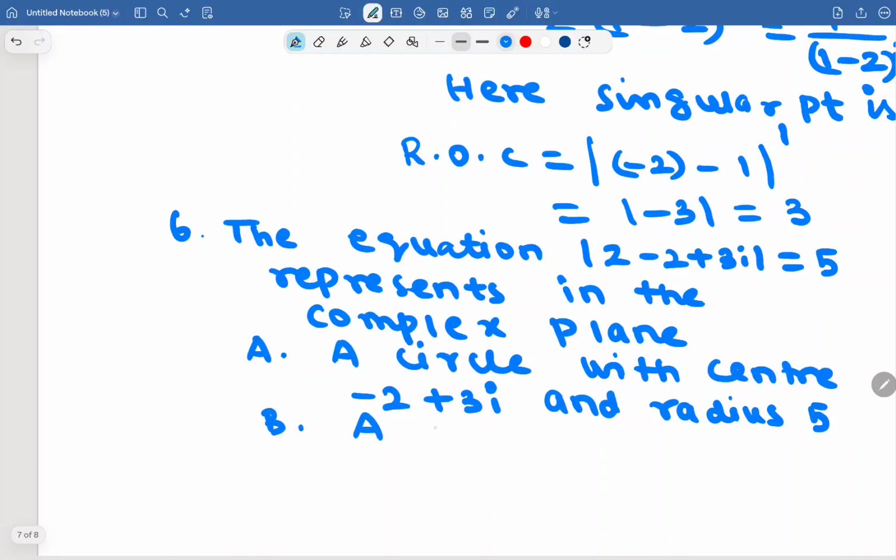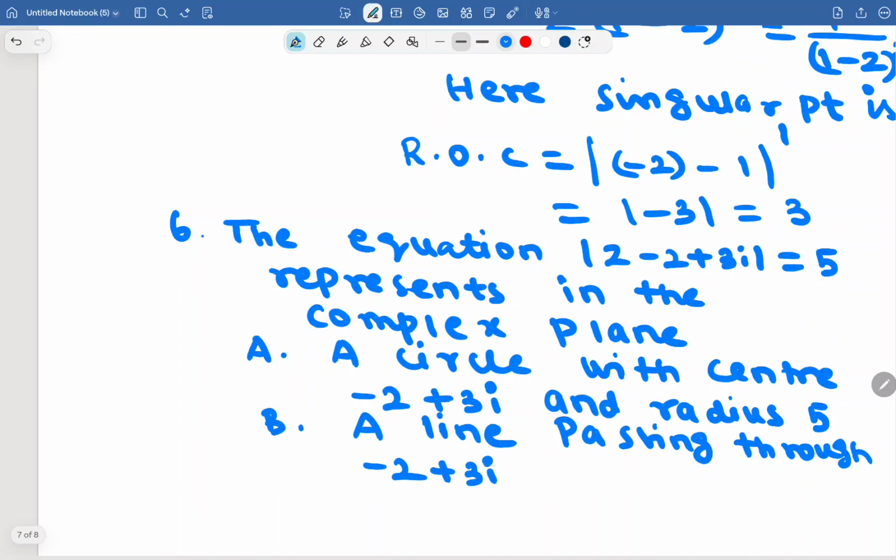Option B, a line passing through minus 2 plus 3i and parallel to x equal to 5.